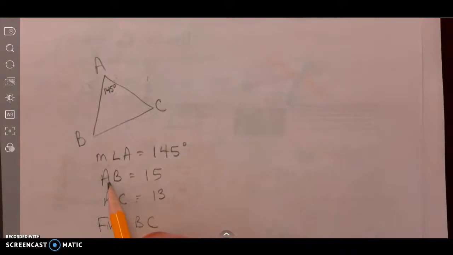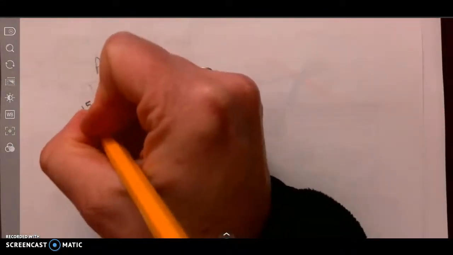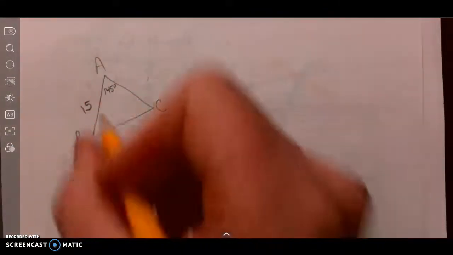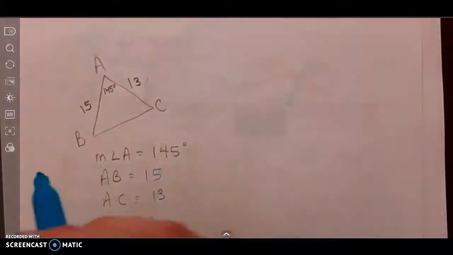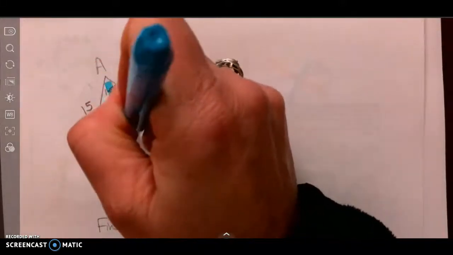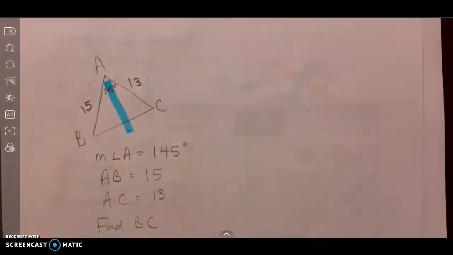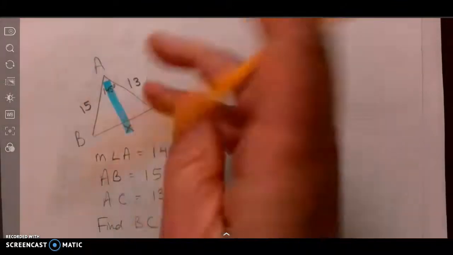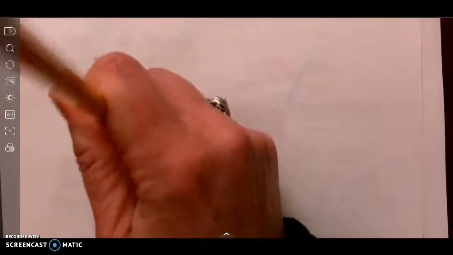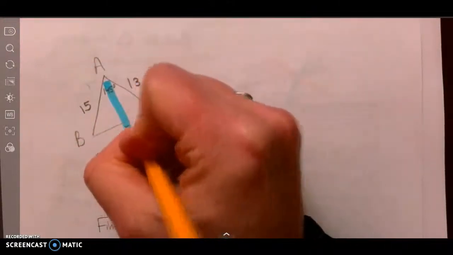And the length of AB is 15. And the length of AC is 13. Which means, and then I'm looking for the length of BC. So this is the side that I'm looking for right here. I'll just call it X. Or I guess I'm going to call it little a, because that's the side that it is. The little a. Okay.